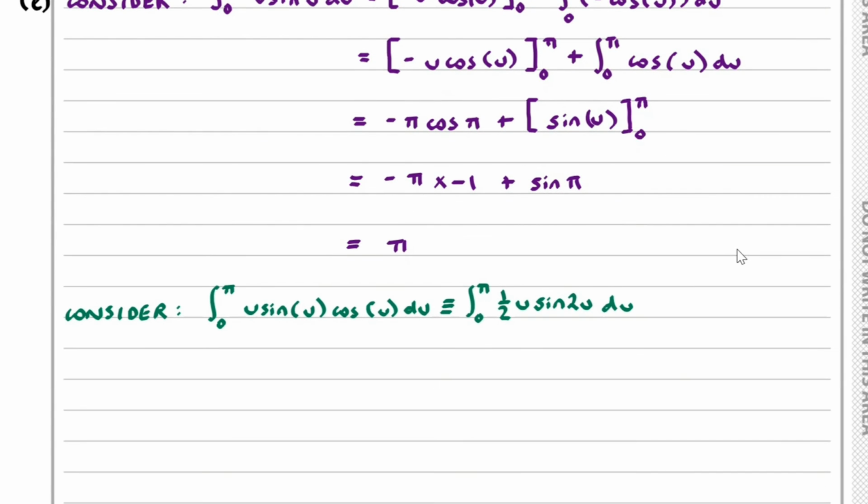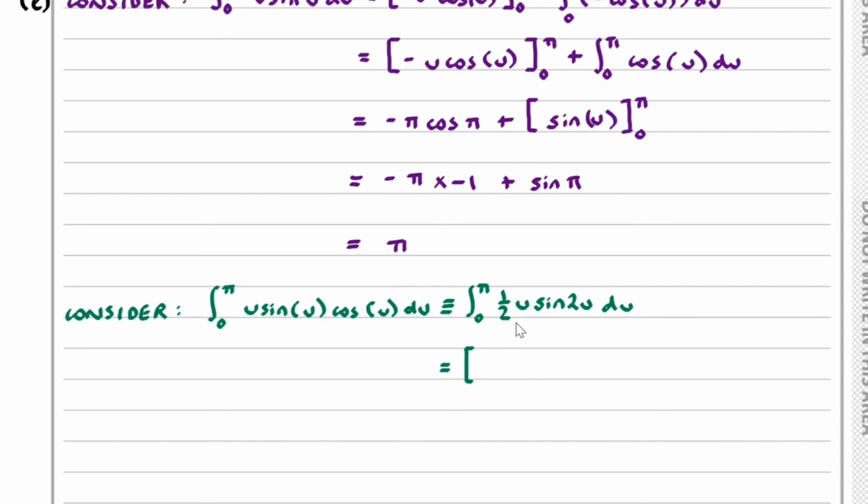So to work out what this is, I can use integration by parts once again. So we have the differential of u, which is 1.